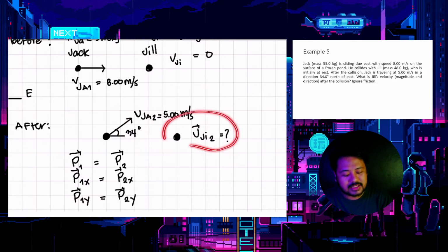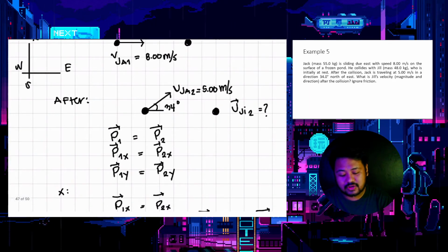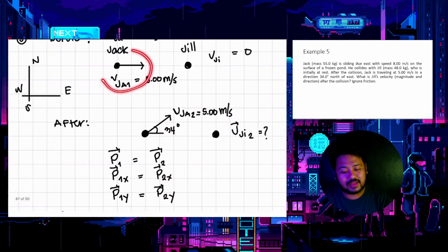While Jill's velocity cannot still be determined because we don't have any idea yet, we have to solve it first. So we have conservation of momentum. So momentum initial is equal to momentum final, wherein initially only Jack will have the momentum while Jill has zero momentum.